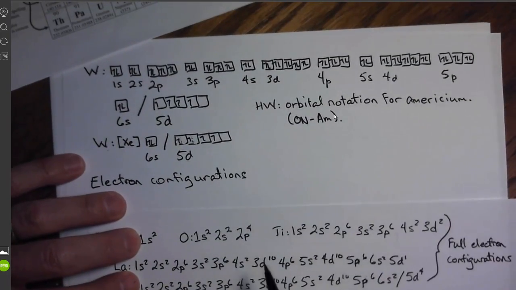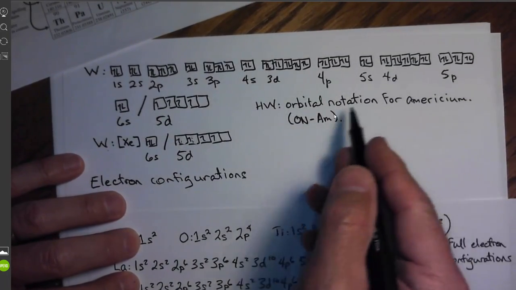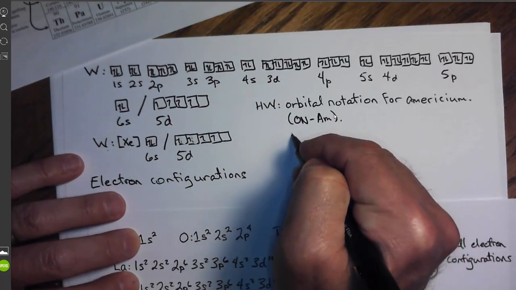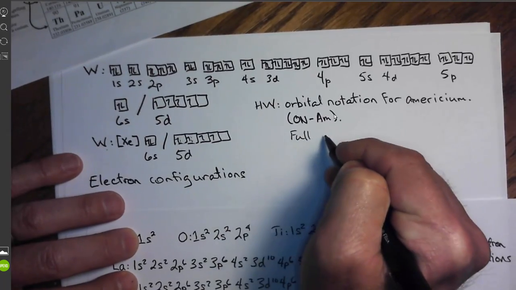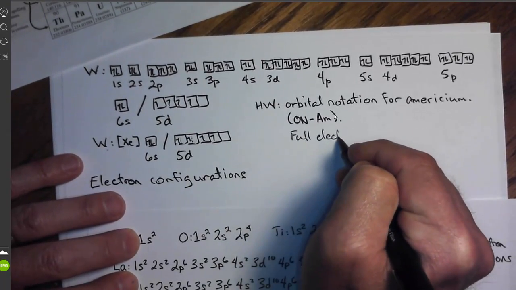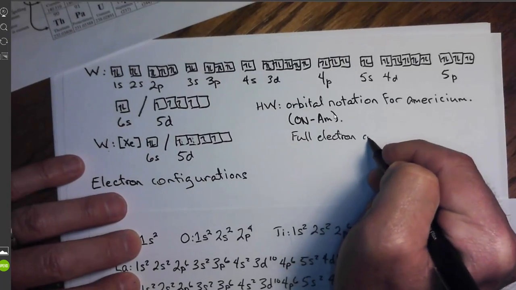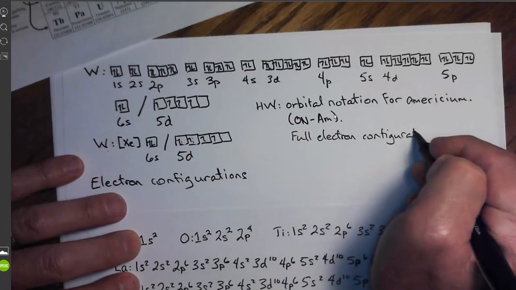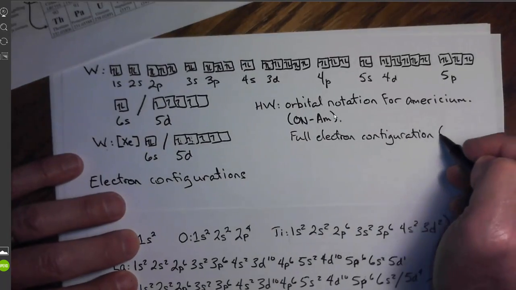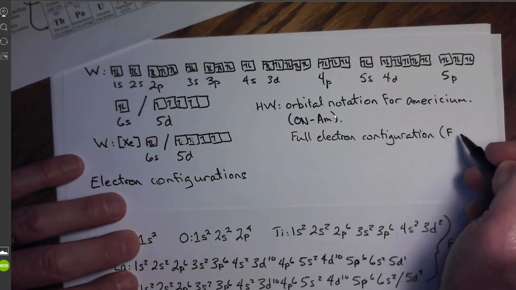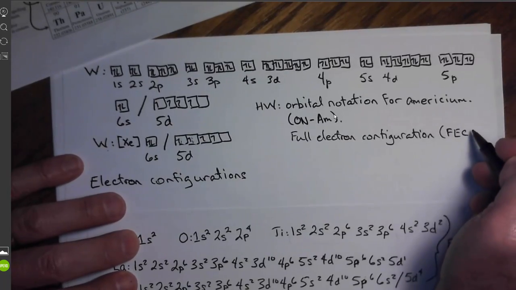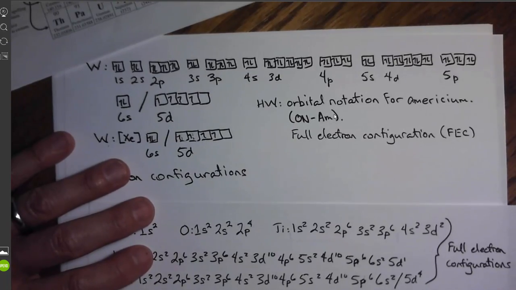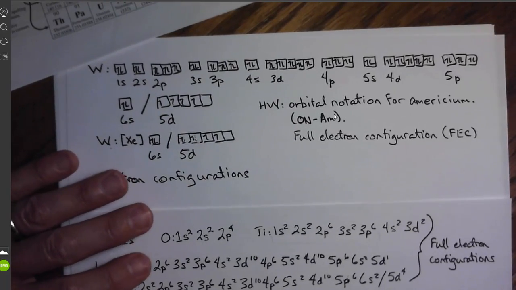I'm going to add to the homework. In addition to doing the orbital notation, let's also do a full electron configuration. So we're going to call that FEC, full electron configuration, not FEC, Federal Election Commission.